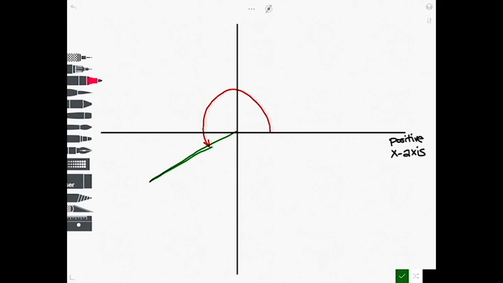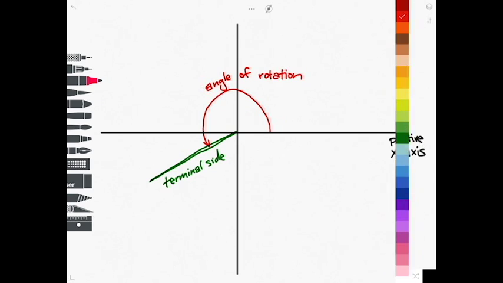And where we end is called the terminal side. Okay, and so this right here, this is our angle of rotation. And it ends in our terminal side.